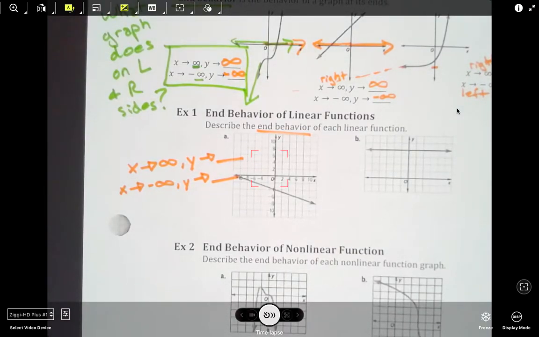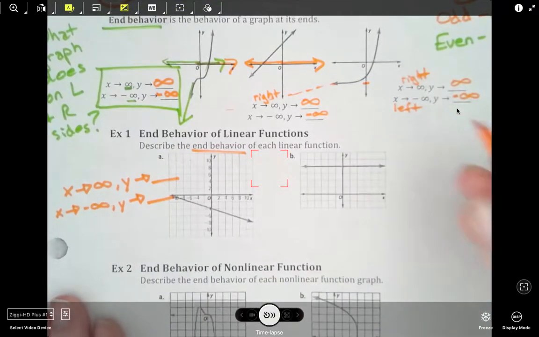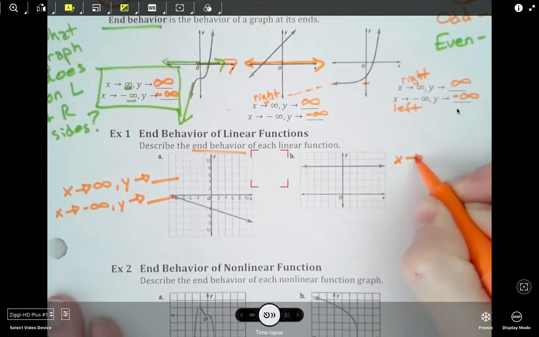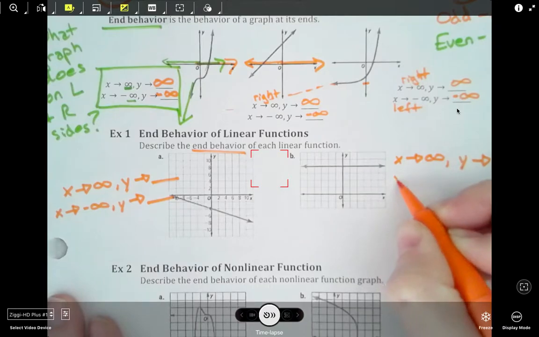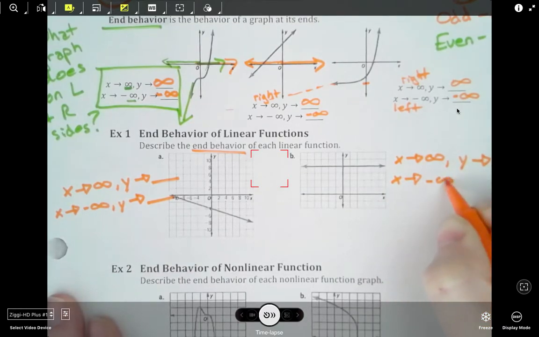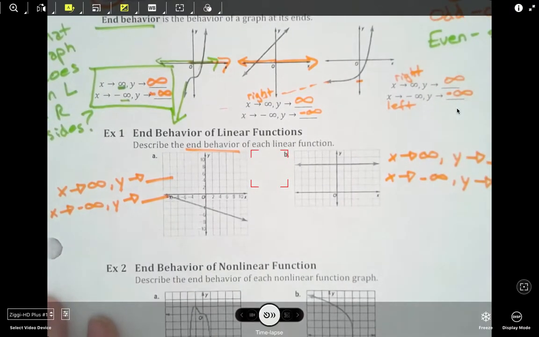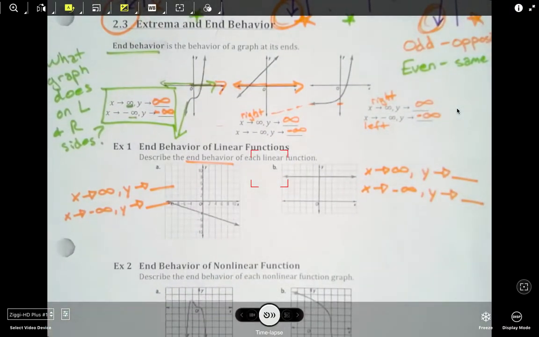So every single time, you're going to fill it out just like that. I'm going to do that over on this side for B. As x approaches infinity, what is the y coordinate doing? As x approaches negative infinity, what is the y coordinate doing? You're going to set each one of these up exactly the same. And then all you have to do is change what y is doing, depending on what your graph of y is doing.